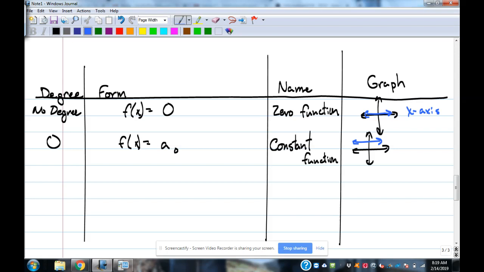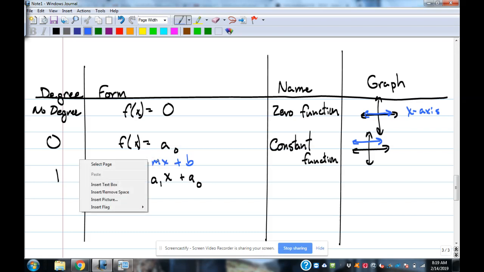And then degree 1, f of x is equal to a sub 1 x plus a sub 0. Back in junior high, we did this. Mx plus b. So what's the name of this function? What's it called?